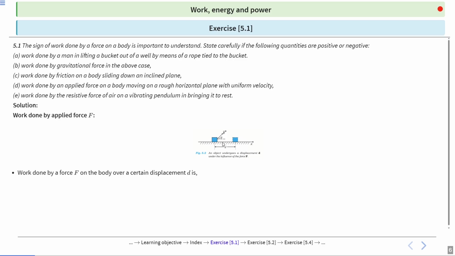So work done by a force F on a body obtaining a certain displacement when we applied force, the formula of the work done we know, F dot D. So it will be FD cos theta. Here theta is the angle between applied force and displacement. Clear?